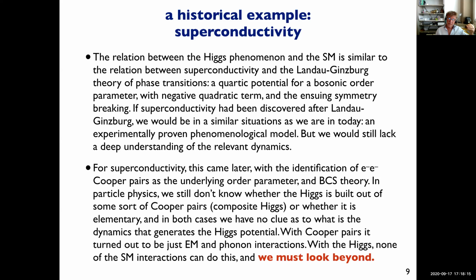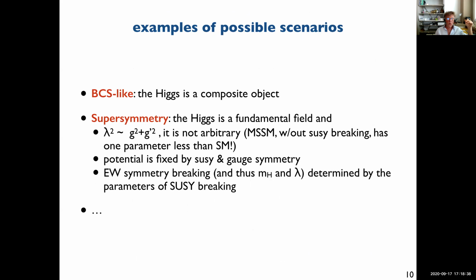And to the extent that understanding the origin of the Higgs potential is as important as understanding the origin of the Landau-Ginzburg shape of the potential inside the metal that leads to superconductivity, this is one of the fundamental questions that we should be asking today.